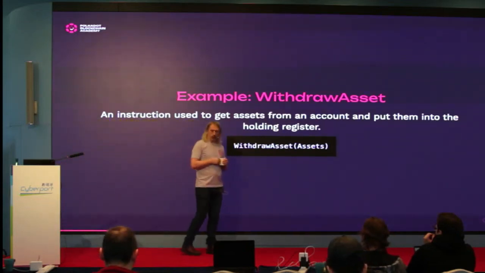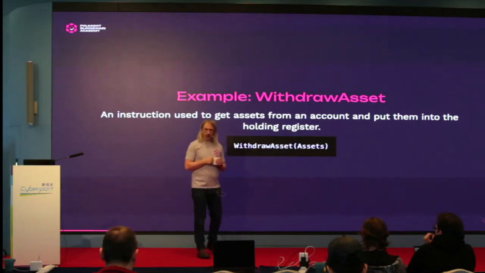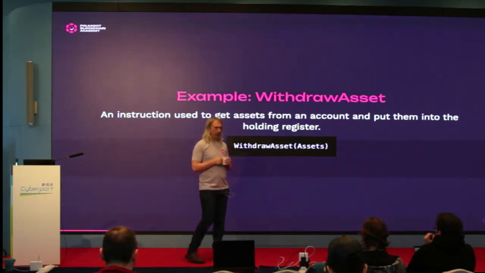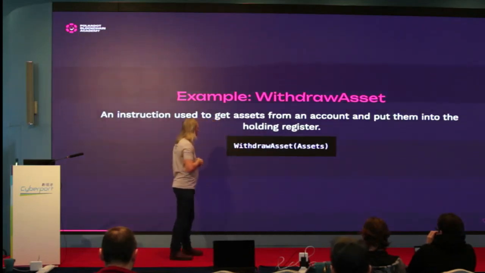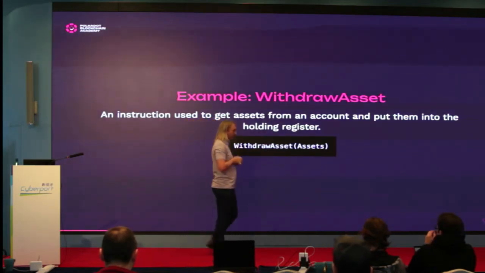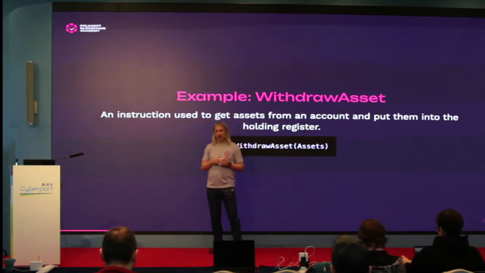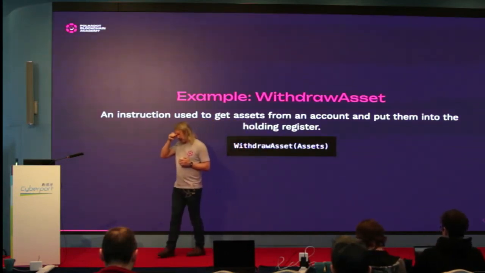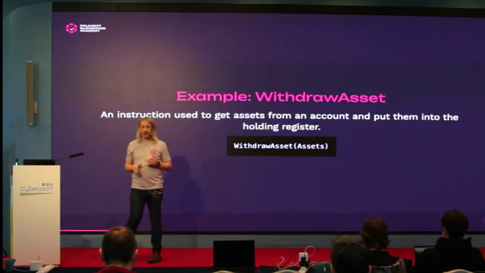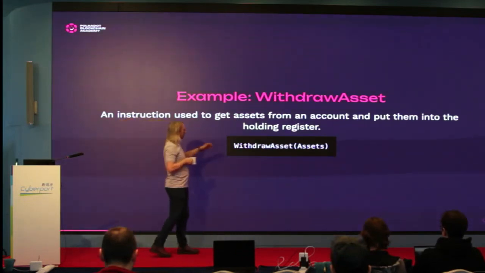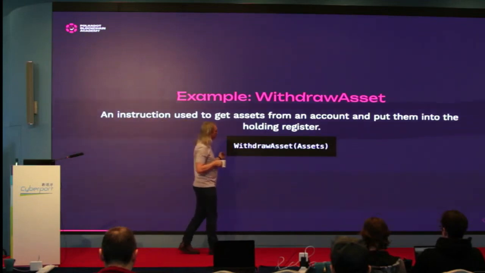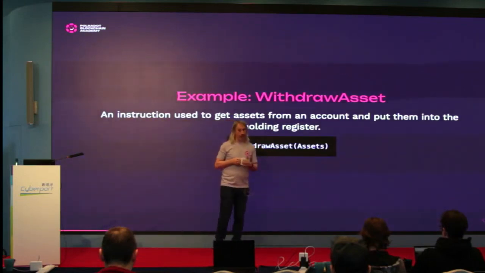Now you say, well, how does it know which account ID to take the asset from? We know it's going into the holding register, but how do we know where it's coming from? Well, if you remember, we talked in the last lecture about sovereign accounts. There's your answer. The asset is withdrawn from the sovereign account of the current origin.